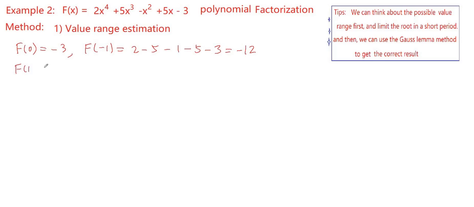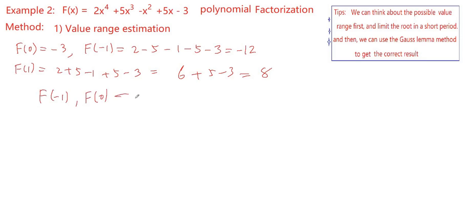And f(1) is 2 plus 5 minus 1 plus 5 minus 3. It is equal to 8. Obviously, f(-1) and f(0) are less than 0, but f(1) is greater than 0. So there must be a root below 1 but greater than 0.